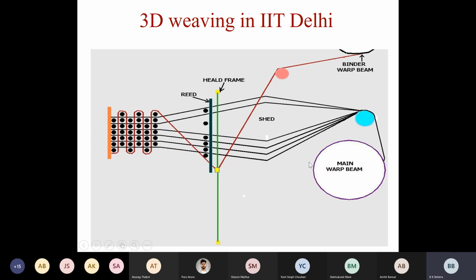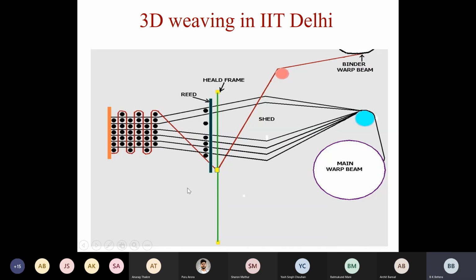So all these stuffer yarns are divided into 6 groups, each group inserted through an independent heald frame so that we can make a shed. As you can see here in this diagram, from the top, the second heald frame and third heald frame are making this shed. So the second heald frame is raised up, the third heald frame is going down, shed is formed, weft is inserted.